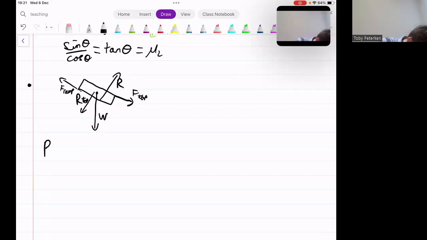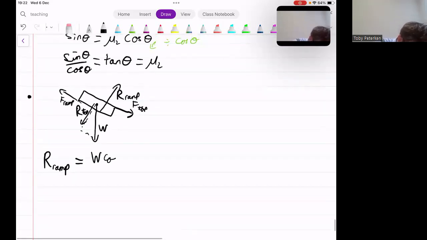So the reaction force coming from the ramp has to balance, firstly, the weight, or the component of the weight that goes into the shelf, which we saw was W cos theta, but it also has to balance the reaction force coming from the top book.